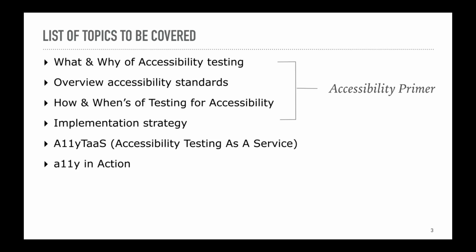So it's going to start with an introduction part called the accessibility primer. A primer on accessibility: all you need to know about accessibility basics, the what and why of accessibility, some overview of the accessibility standards, the how and whens of testing accessibility, and some tips to implement in your organization, and then A11Y in action, and then A11Y TAAS.